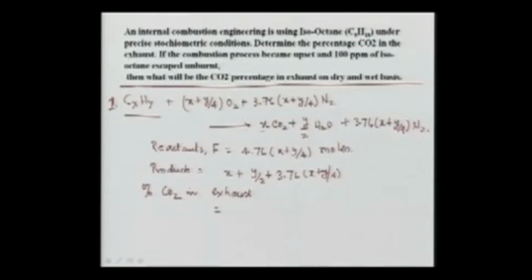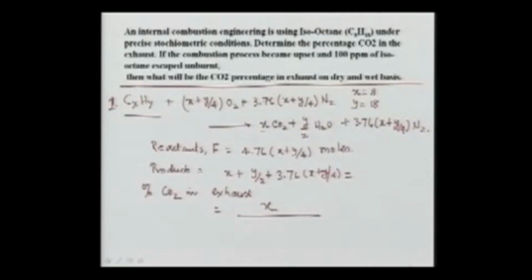X divided by the total moles that I have here in the exhaust. If I want to find this out, what is my value of X? X equals 8 and Y equals 18. Okay, so I can find the moles.